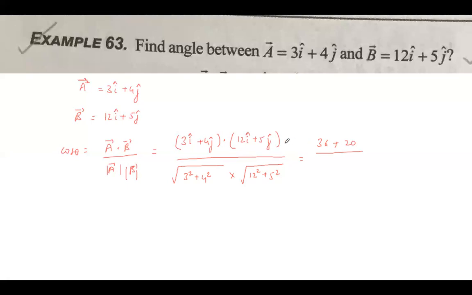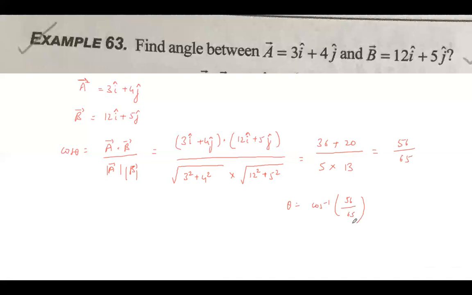So we have found the dot product, and root under 9 plus 16, the square root of 25, is 5, and the square root of 144 plus 25, which is 169, is 13. So 36 plus 20 is 56 upon 65. So cos theta is equal to 56 upon 65. And the value of theta will be written as cos inverse of 56 upon 65.